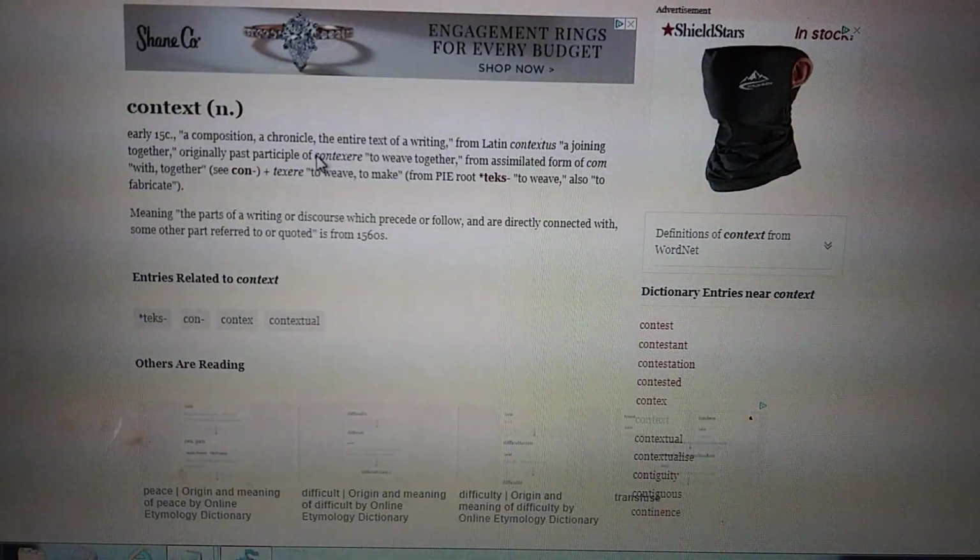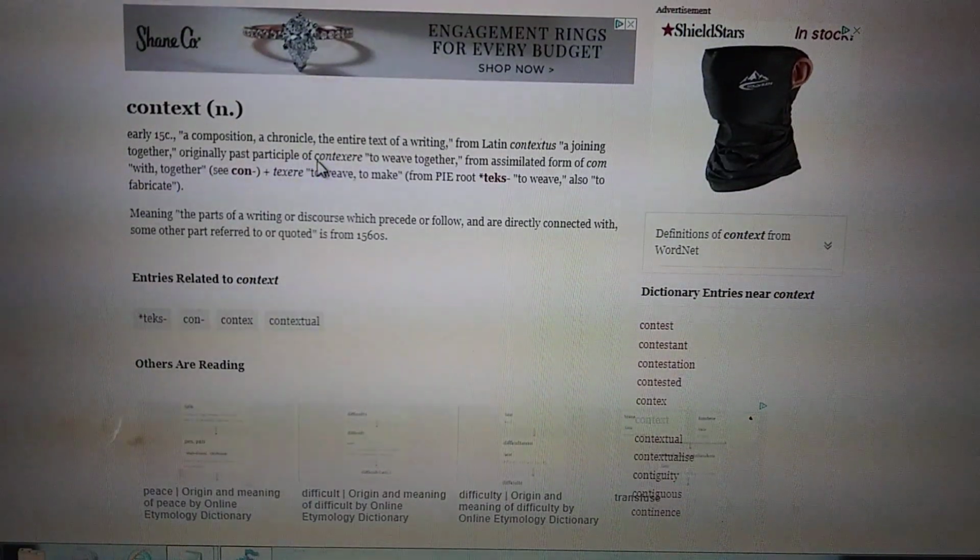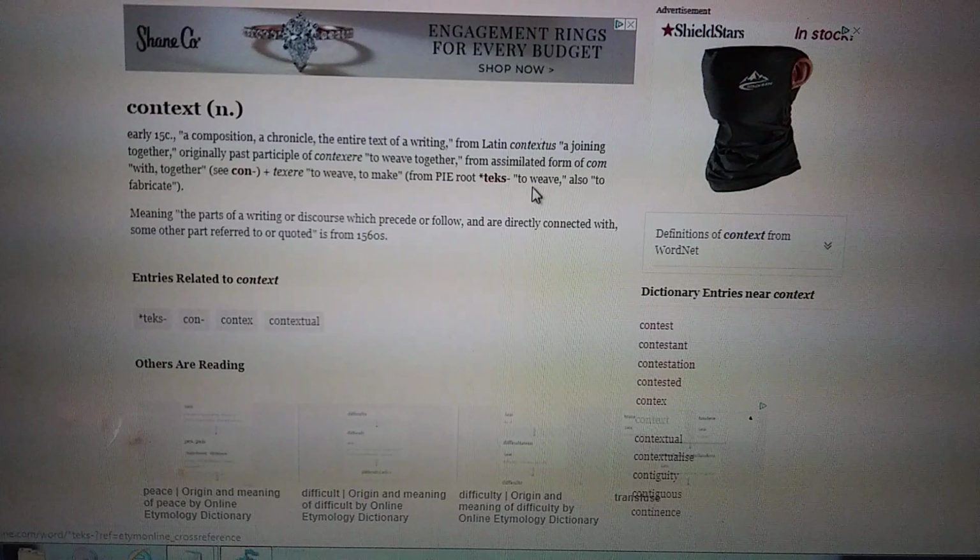From Latin contextus, joining together. Originally past participle of contexere, to weave together, from an assimilated form of con and texere, to weave, to make, from PIE root text. What you do all day on your phone, you text, right? What are you doing?